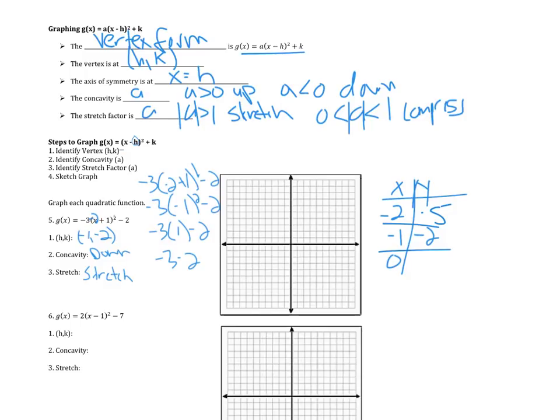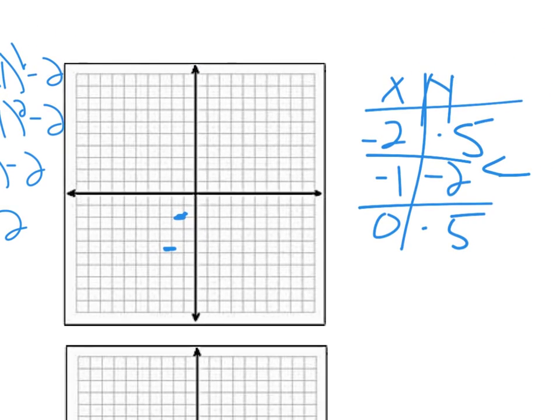So I get negative 5 here. And then we do the same thing with 0. Once you calculate that, 0 gives us negative 5 as well. So that gets reflected because we chose this point to be our vertex. So (negative 1, negative 2), and then (negative 2, negative 5), and (0, negative 5).